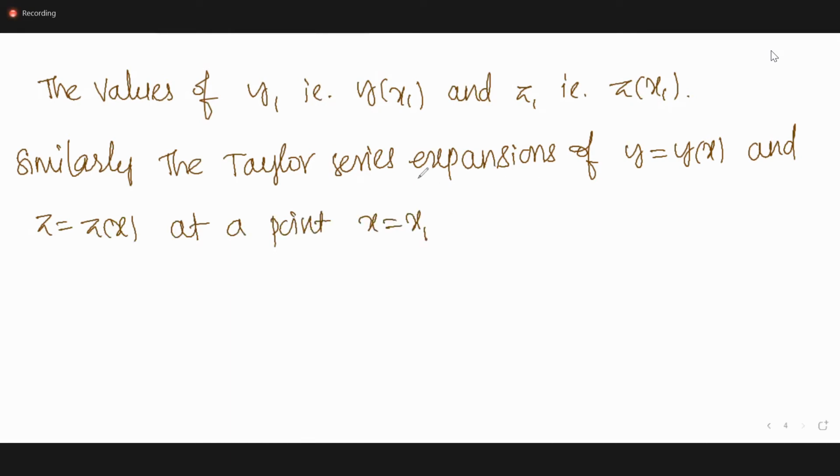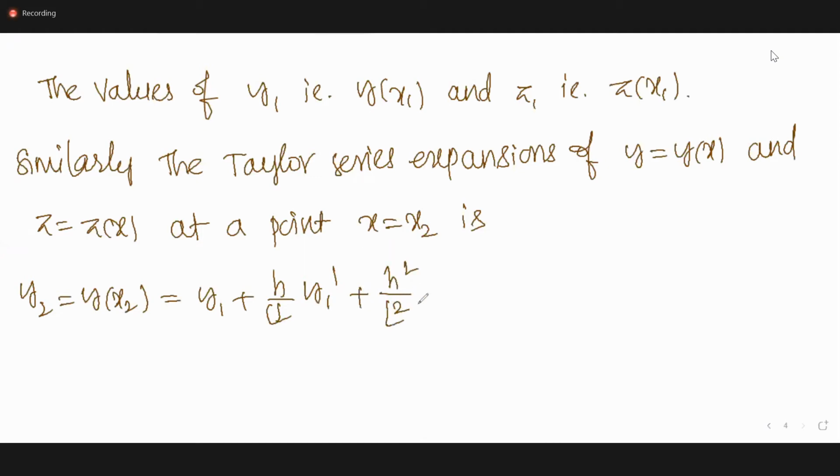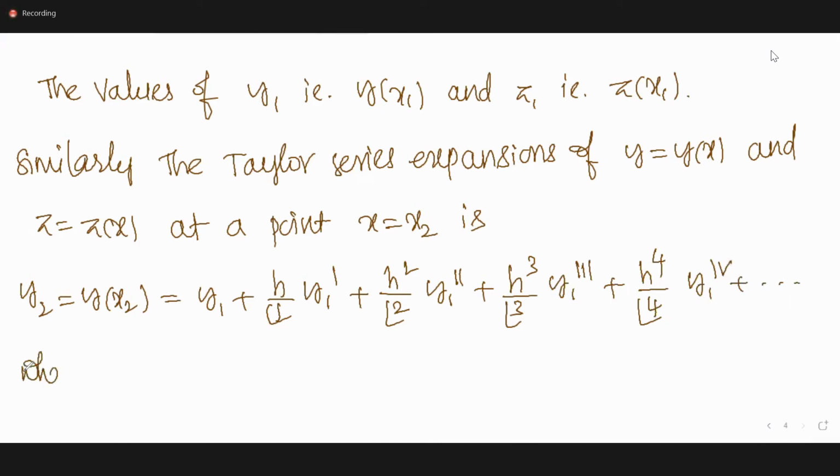So y2 is equal to y of x2 is equal to y1 plus h by 1 factorial y1 dash plus h square by 2 factorial y1 double dash plus h cube by 3 factorial y1 triple dash plus h power 4 by 4 factorial y1 fourth derivative plus so on, where y1 dash is equal to y dash at a point x is equal to x1.